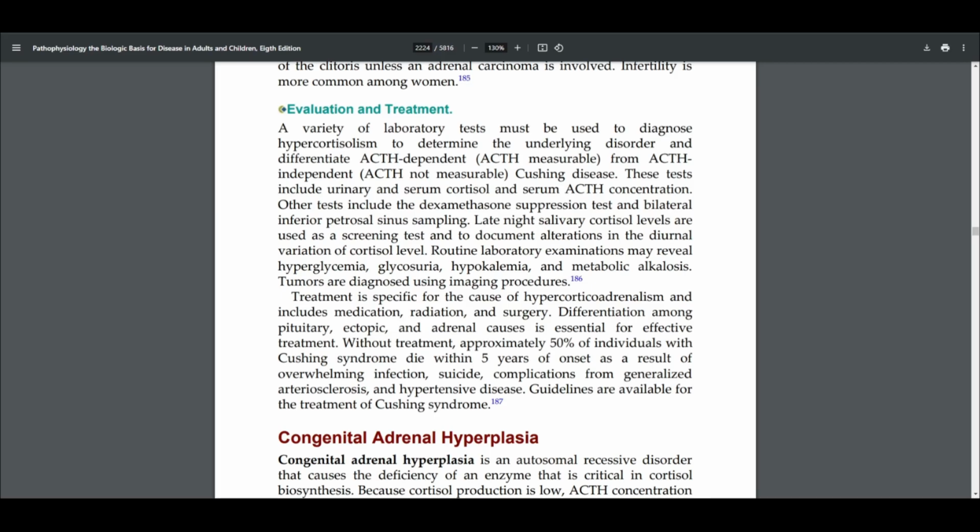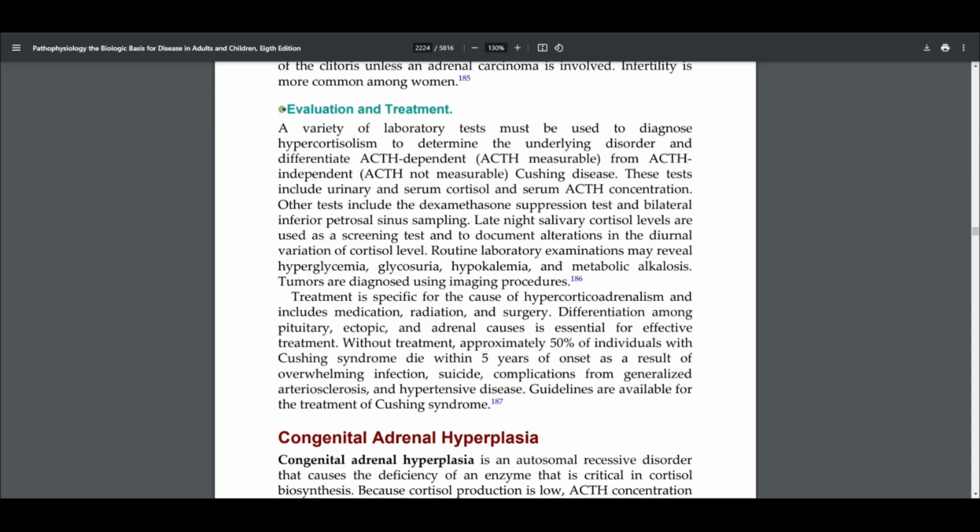A variety of laboratory tests must be used to diagnose hypercortisolism, to determine the underlying disorder and differentiate ACTH-dependent from ACTH-independent Cushing syndrome. These tests include urinary and serum cortisol and serum ACTH concentration. Other tests include the dexamethasone suppression test and bilateral inferior petrosal sinus sampling.